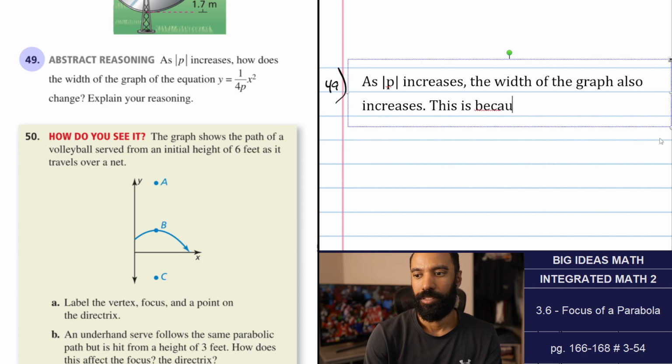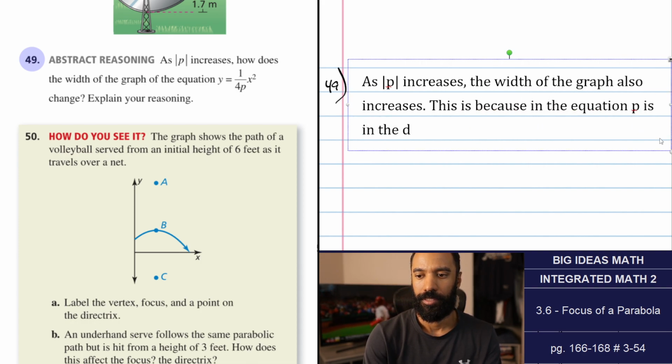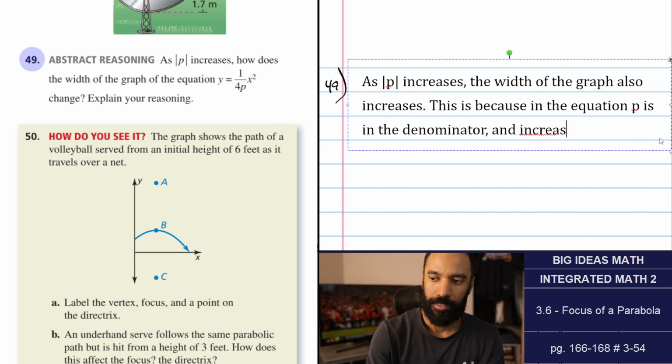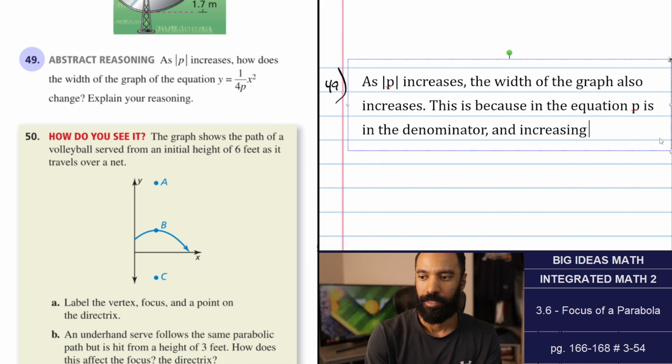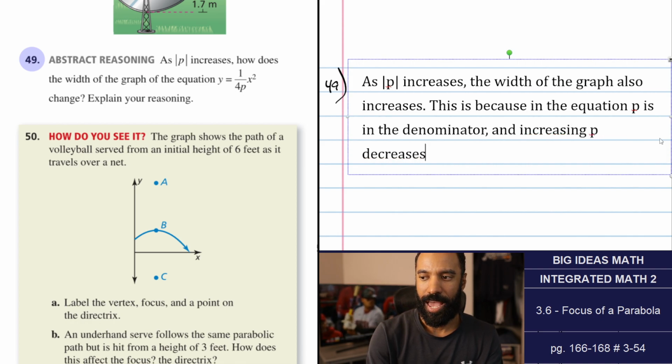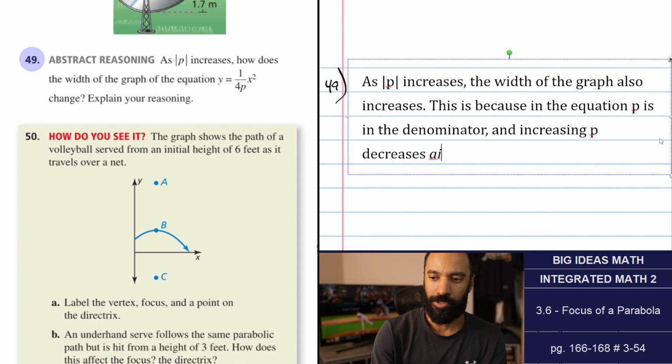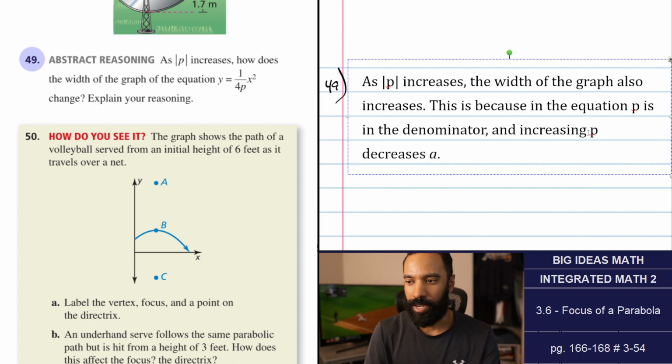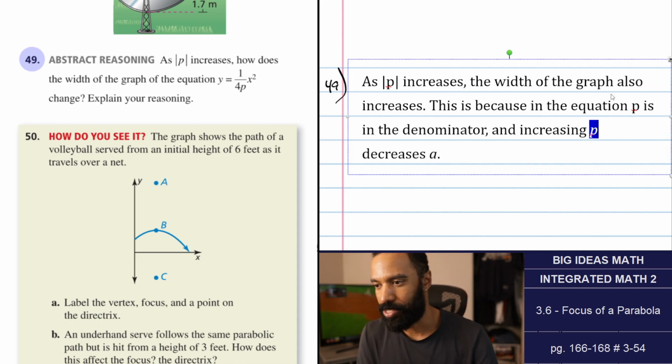This is because in the equation, p is in the denominator, and increasing p decreases a. I guess I have to use a in italics, otherwise you're like, a what? It decreases a what? So let's italicize all these.